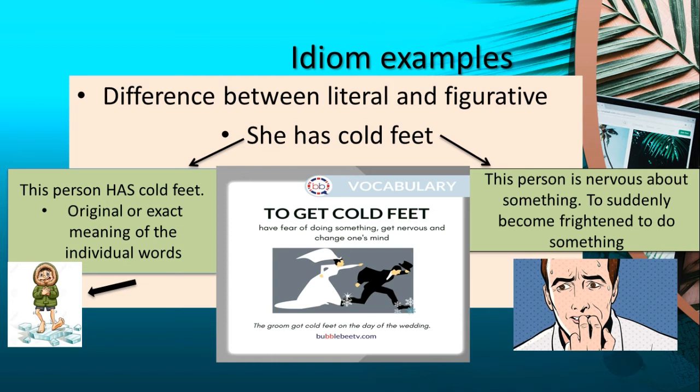Now, the groom got cold feet on the day of the wedding. What we are actually trying to say is that he suddenly got nervous and freaked out. Okay? So this is what an idiom tells us. And here lies the difference between literal, the original, and figurative meaning. Somehow it's hidden, it's implied.